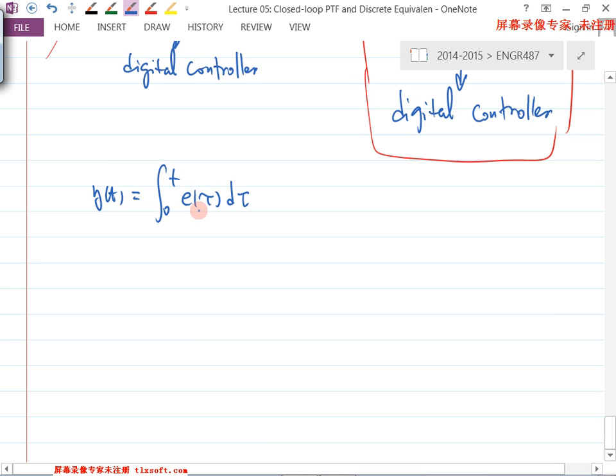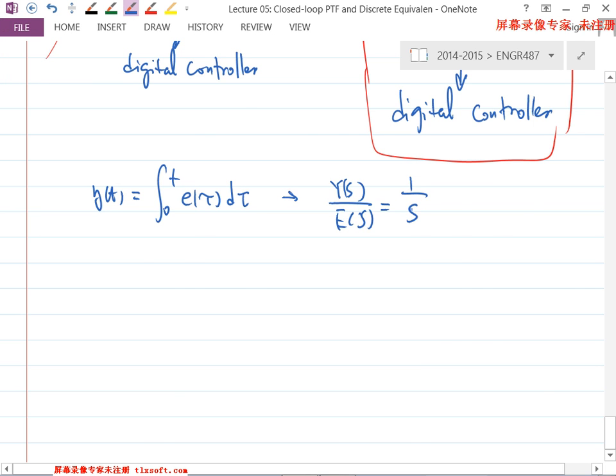That can be the I part of the PID, the integration. We know that the Laplace transfer function for this simple system, input to output, is 1 over s.